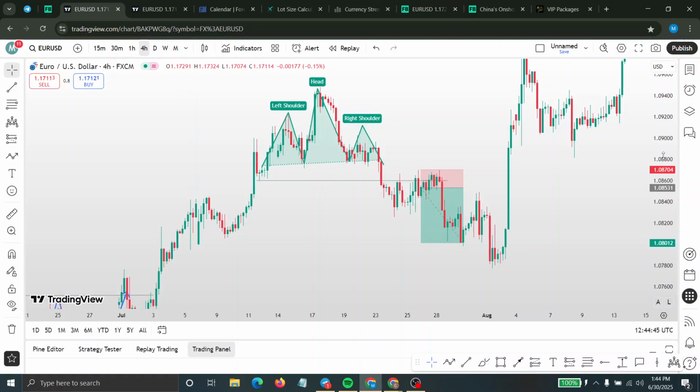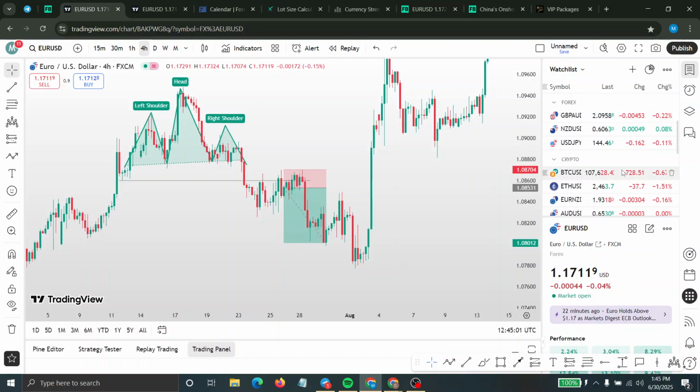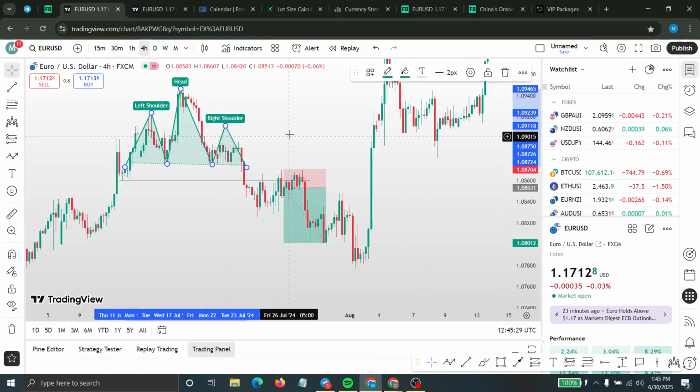The assignment here is that, with the way I drew my head and shoulders, you look for like 2 pairs and make sure you are able to identify head and shoulders on any pairs of your choice.